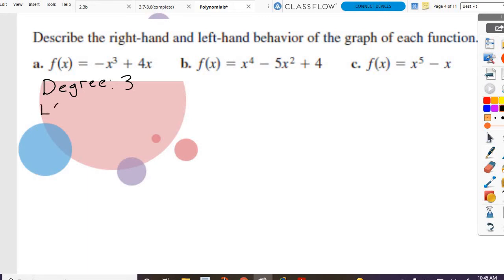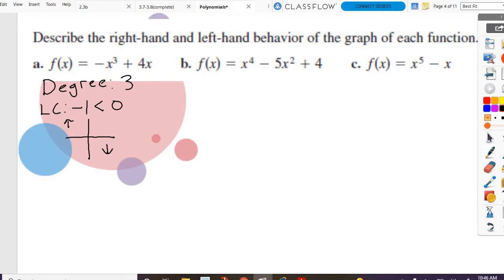And then what is our leading coefficient? -1, and -1 is less than 0, right? So, what are the ends of this graph going to do? Not be in the same direction. They won't be in the same direction, and then because it's negative, they will specifically be up on the left and down on the right.